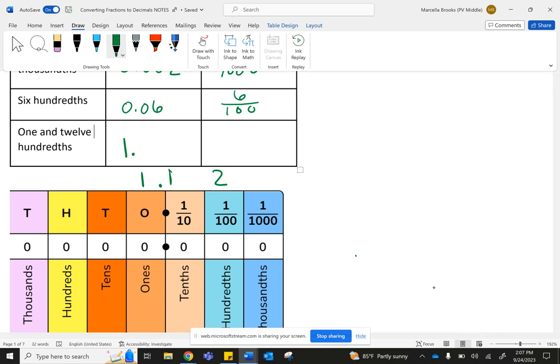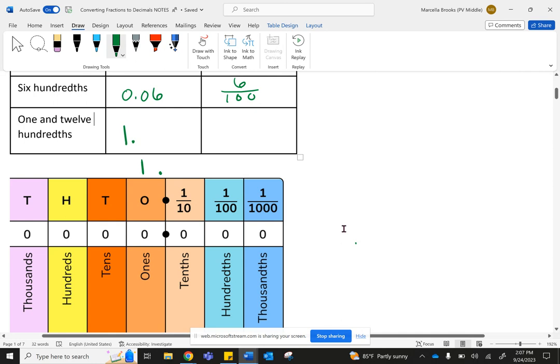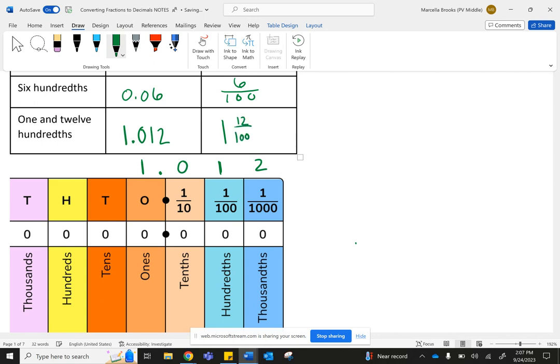Actually, I'm doing it wrong. If it's a double digit number like 12, you have the 1 and the 2. You put a 0 in the tenths spot, the 1 is in the hundredths, and the 2 would be in the thousandths place. So it would be 1.012. And then the way you write it as a fraction is a mixed number, 1 and 12/100ths.